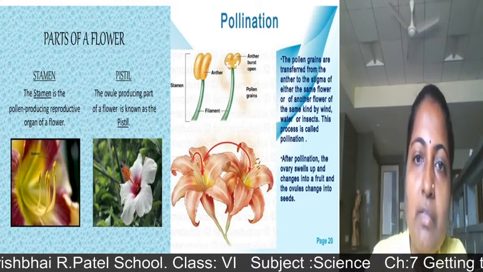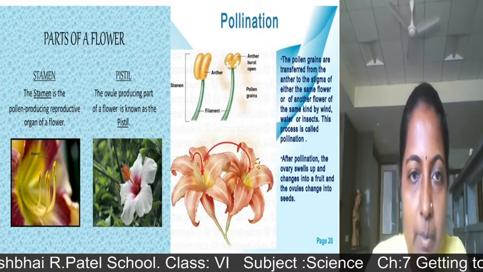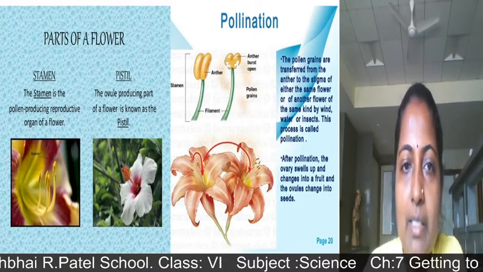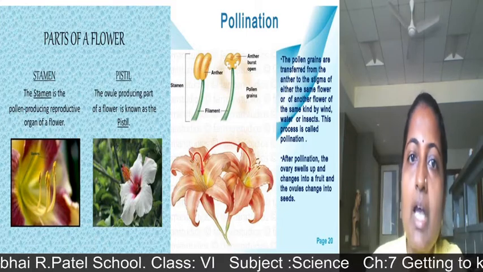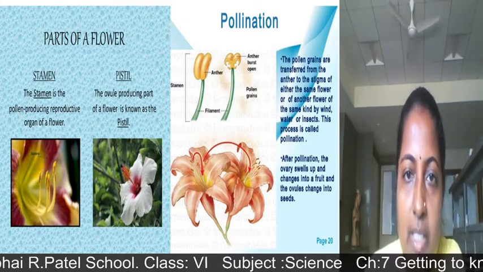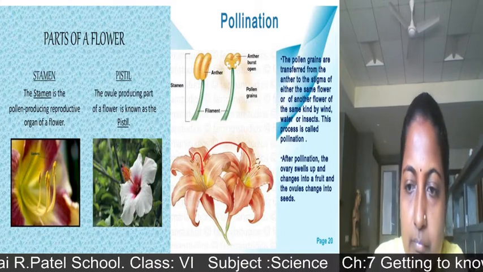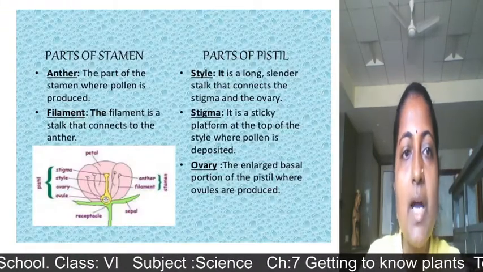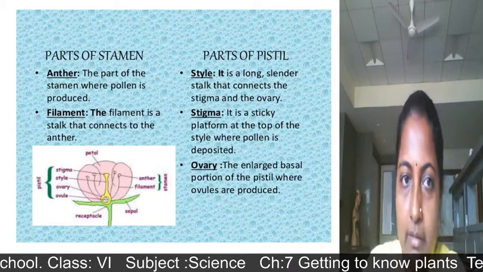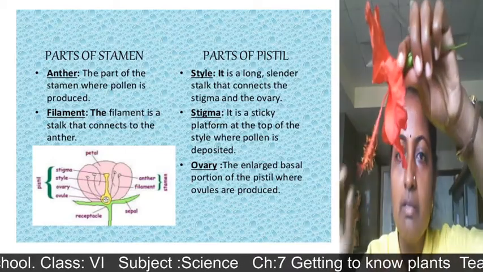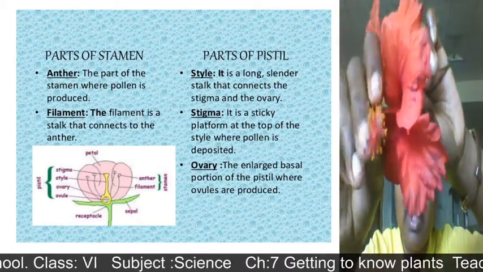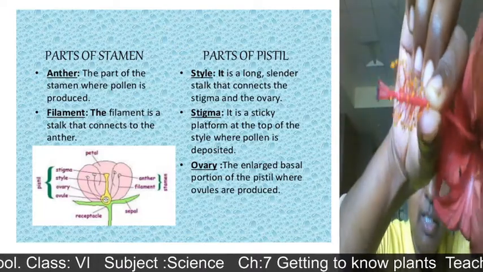Here you can see it in the figure also. The stamen consists of filament and anther, and when the anther bursts open, the pollen grains are inside the anther. Now we will see parts of a stamen. Anther: here you can see the yellowish color part, that is called anther.